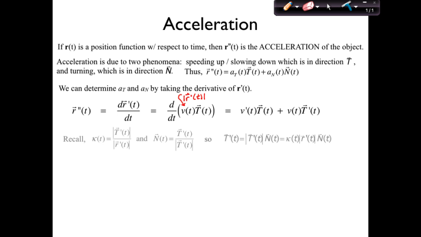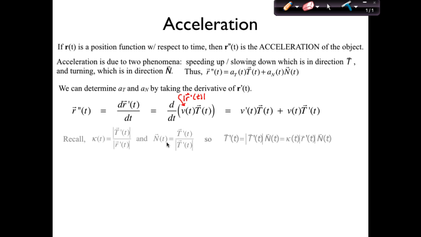So I'm solving for T prime here. If I solve for T prime here, it's going to be N times the magnitude of T prime. And then I can substitute in, I get the magnitude of T prime is going to be the magnitude of r prime times kappa. Is that what I did here? Let's see.